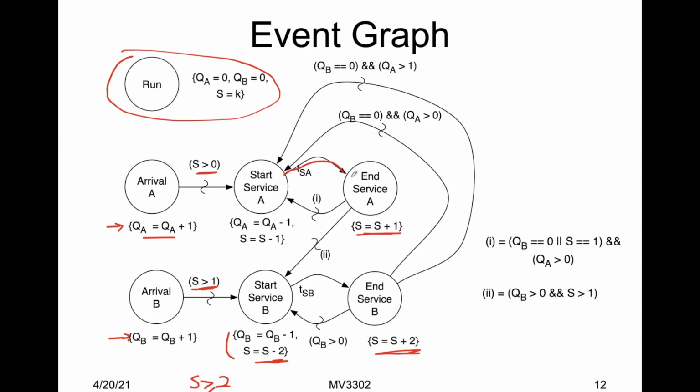That's all. And the delay is the service time for an A. And likewise, a start service on B is just going to schedule an end service on B, with the delay of a service time for B.